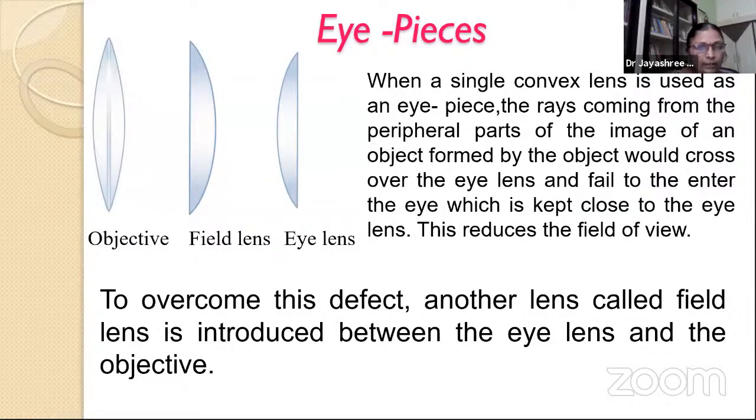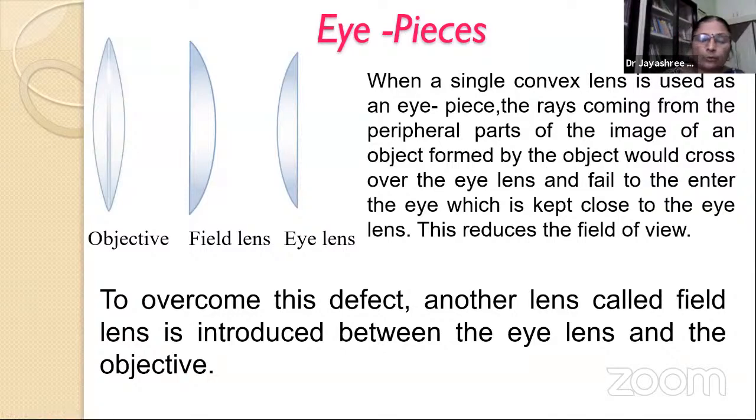They fail to enter the eye, which is very close to this eye lens, and this reduces your field of view. So to overcome this defect, another lens, called the field lens, is introduced between the objective and the eye lens. All right.